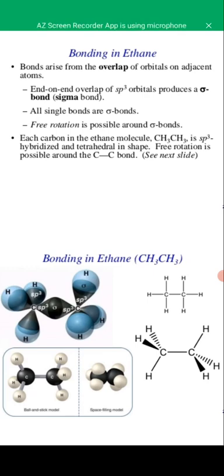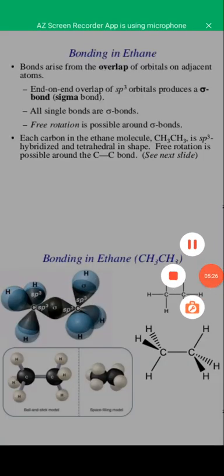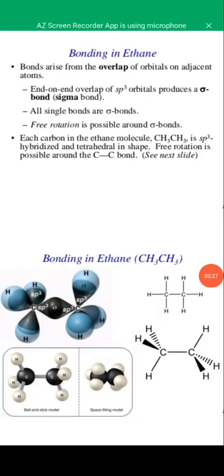So each carbon in the ethane molecule is sp3 hybridized and tetrahedral in shape. So tetrahedral structures have sp3 hybridization. And the bond angle between them, don't forget, is 109 degrees. Now, free rotation is possible around the carbon-to-carbon bond, as I told us before, by virtue of the sigma bonds present.